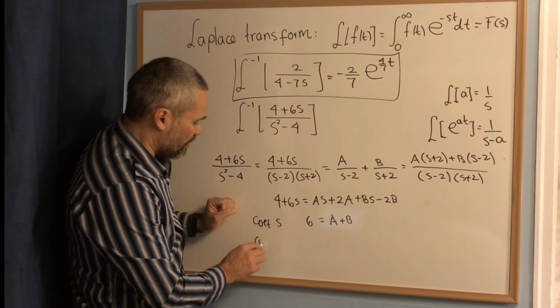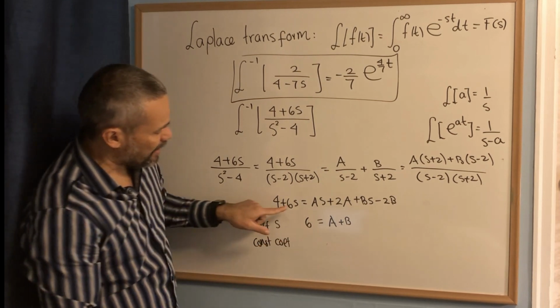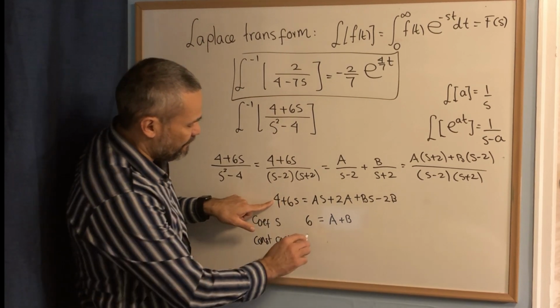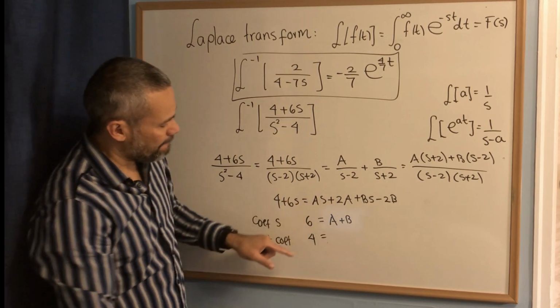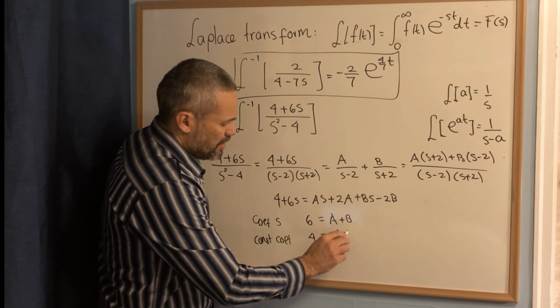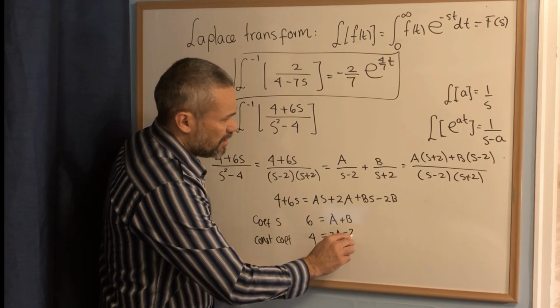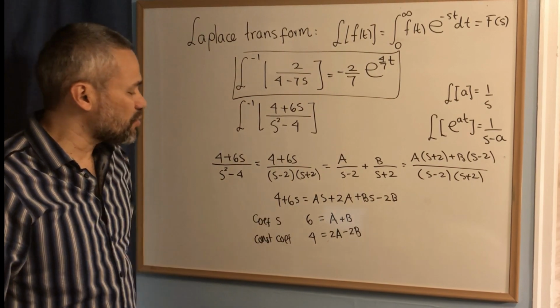And what I call the constant coefficient is the part that doesn't have an s. Here on the left it is 4, and on the right it is 2a minus 2b, right? Then we need to solve that system.